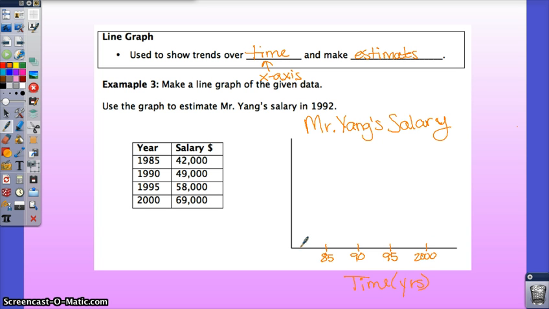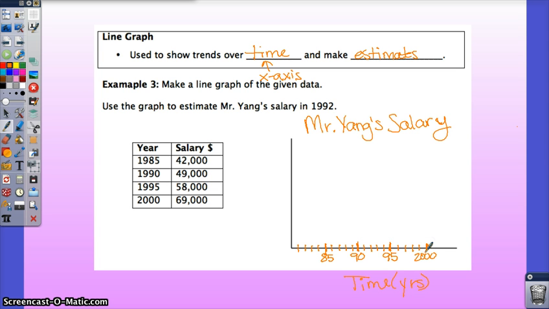Now, if it helps, you can put the lines in between as you go. Perfect. And these are the ones that go with the years.